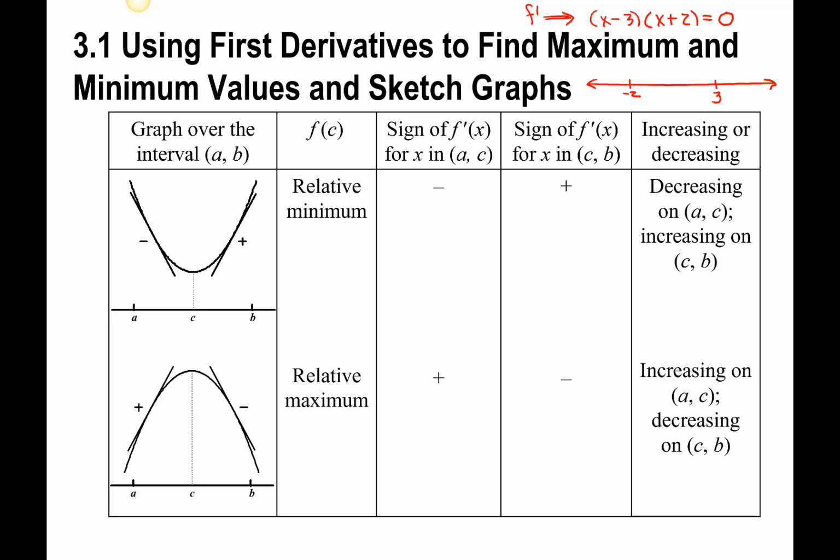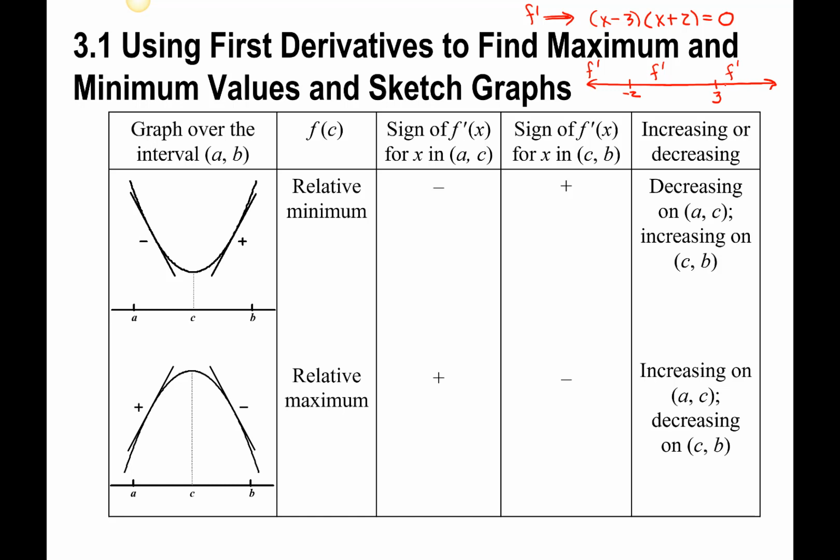Okay? So for that derivative up there, we have two locations where it zeroes out, x equals 3 and x equals negative 2. Then what you do, and we kind of talked about this kind of quickly toward the end of class, what you then do is you pick a value on each of the three intervals. Okay.